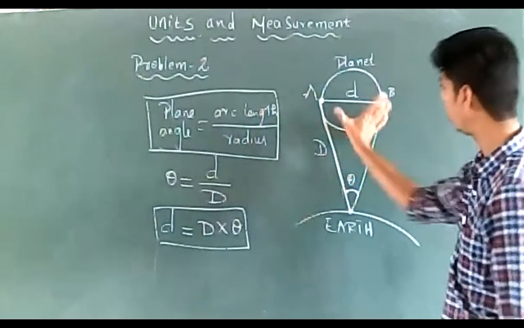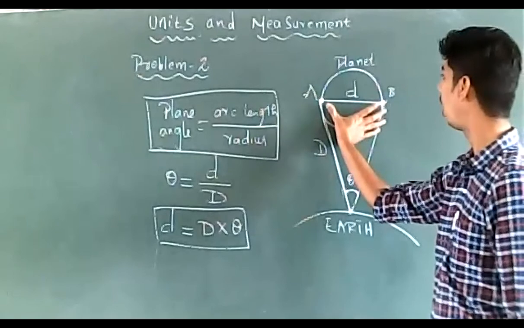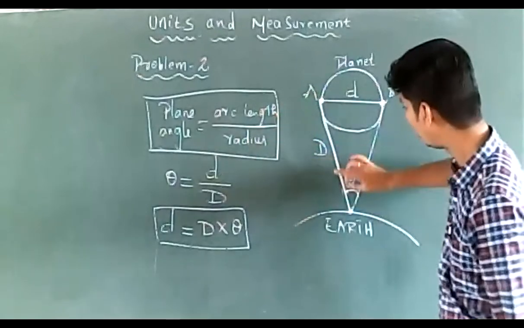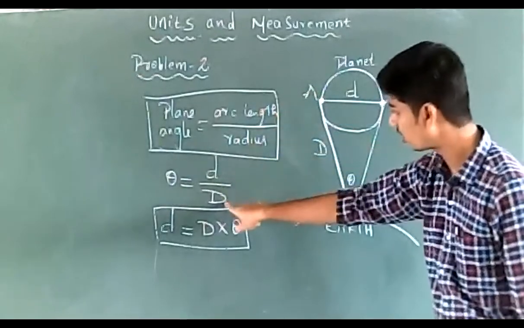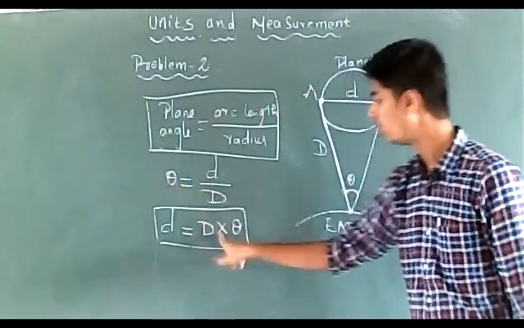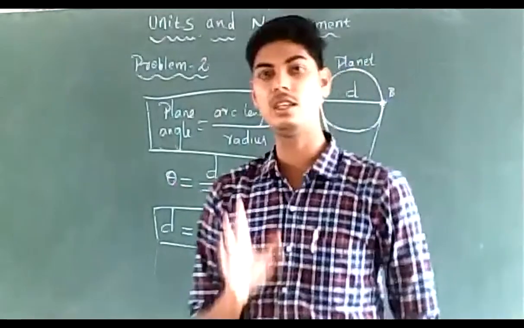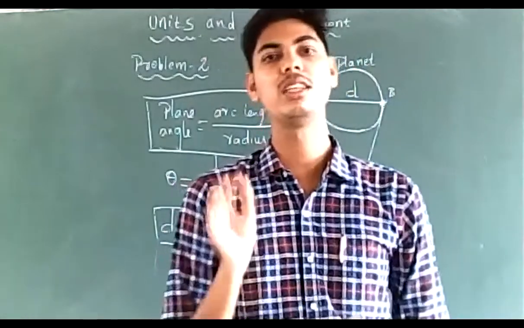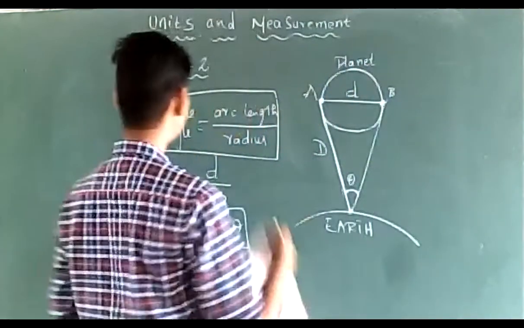So arc length is d and the radius of the circle is capital D. What we need is the diameter, small d, which is equal to D into theta. This way you can calculate the diameter of a planet, right?